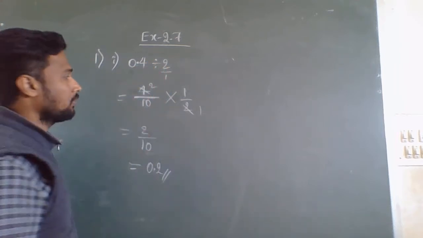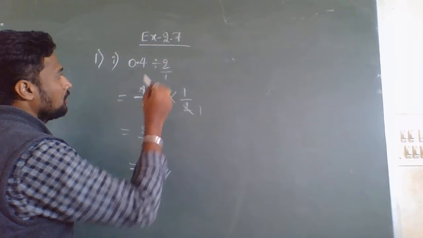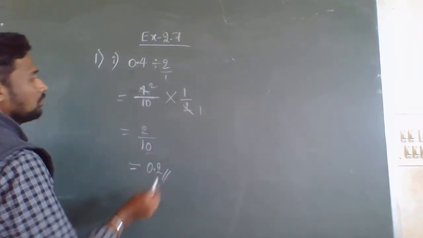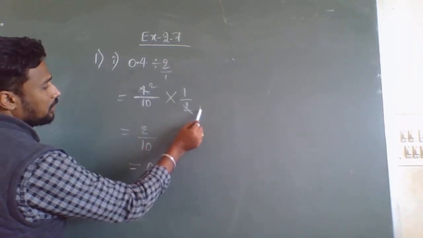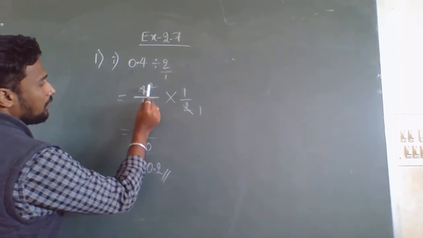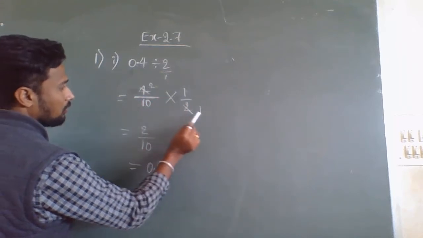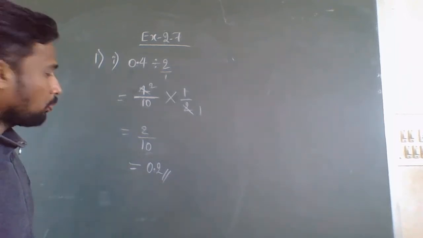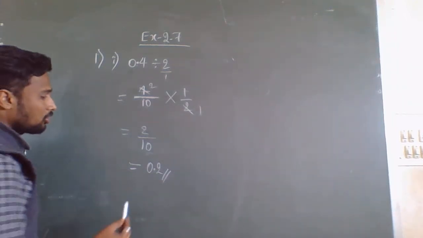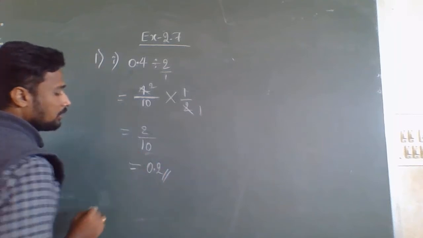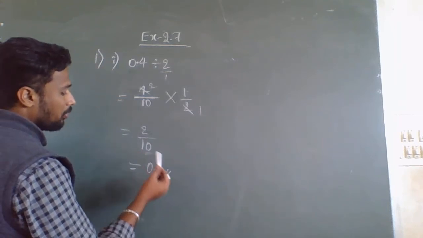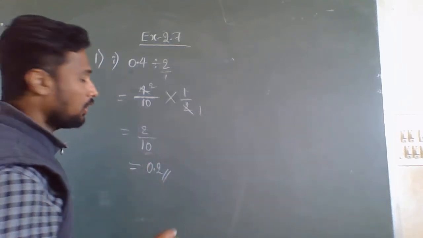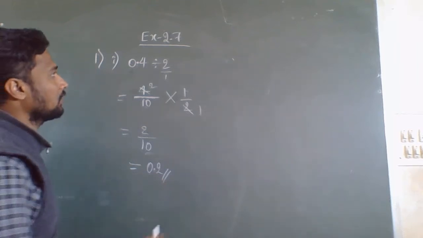What is reciprocal of 2? 1 divided by 2. Okay. Now you can divide cross numbers. So here 2 ones are 2, 2 twos are 4, and here 2 ones are 2, 10 ones are 10. So 2 by 10 can be written as 0.2. Why it is 0.2? Here only one zero is there, means after decimal point you should get only one digit. So 0.2 is the final answer.